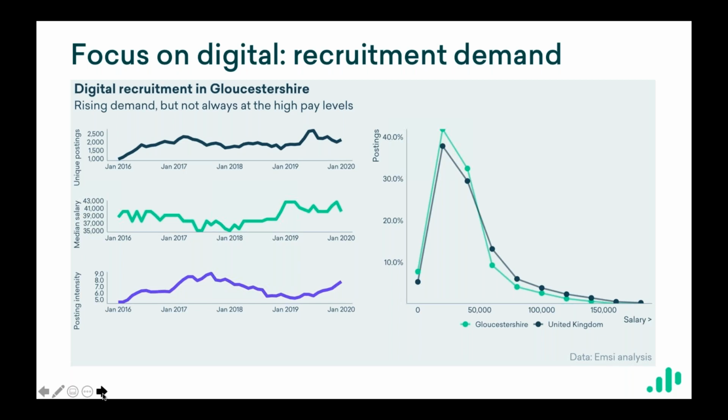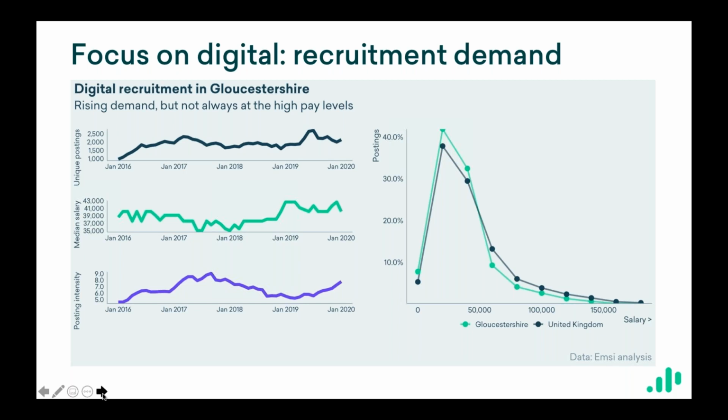So if people are really struggling to get workers or really need them quickly, they put more job postings on more job boards. And you can see that in the 2017 to 18 period, that went high, and through 2019, it's returning to being high again, getting typically about 8 duplicate postings for every unique one. And then the chart on the right there looks at salary level.